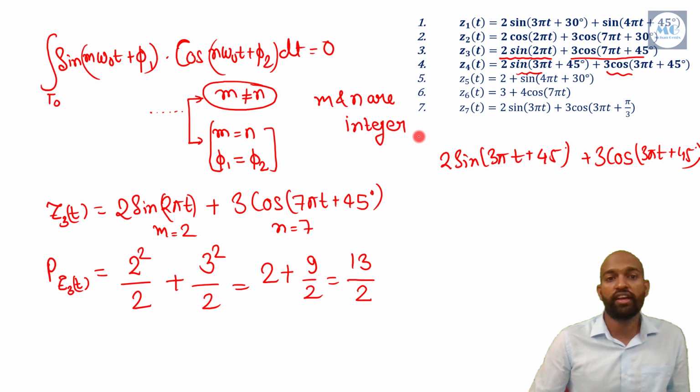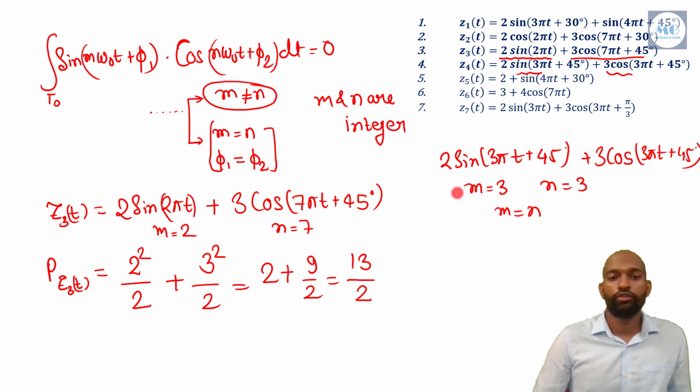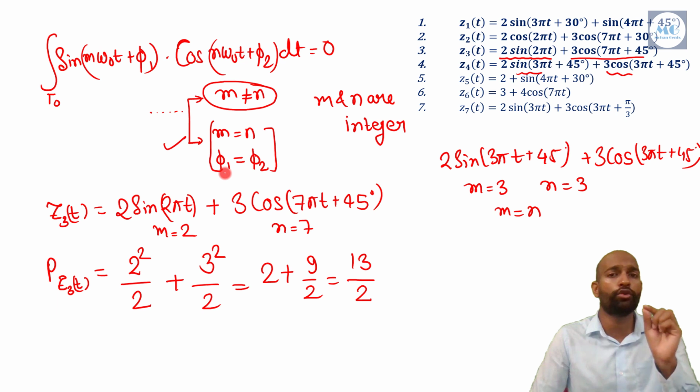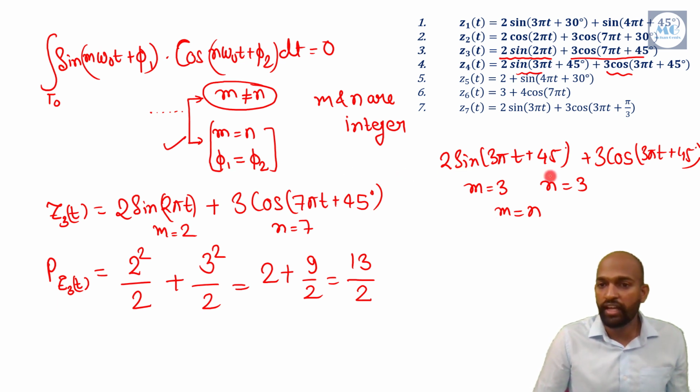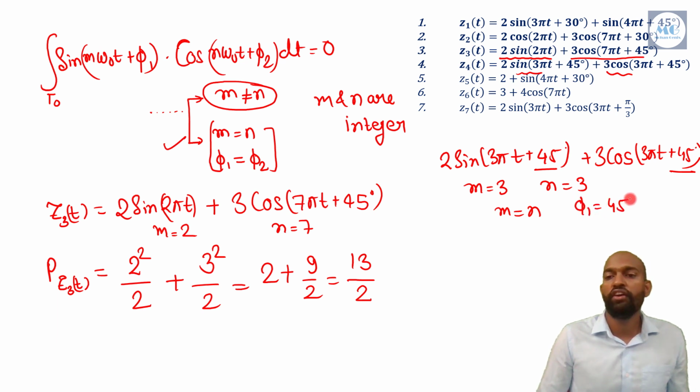And here, if we compare these two signals with this signal, then we can say that m is equal to 3 and n is equal to 3. So m is equal to n. So what is our second condition? If m is equal to n, then phi 1 should also be equal to phi 2. And is phi 1 equal to phi 2? Yes, here phi 1 is 45 degree, which is also equal to phi 2.